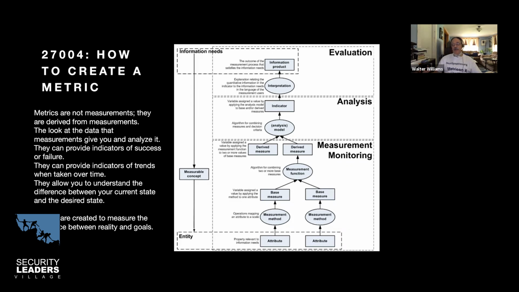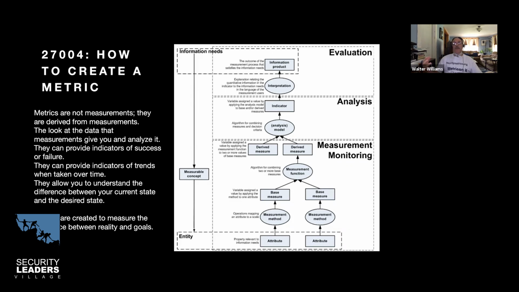You pull the data out, and that's your base measurement. And then you do some analysis of that to get to a derived measurement. You combine that with attributes from other controls in order to do some analysis. So each one of your controls will spit out multiple data sets, and you bring those together to get your measurement function and your derived measurement.